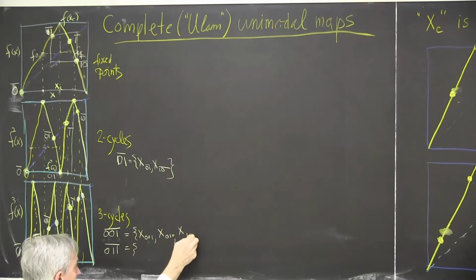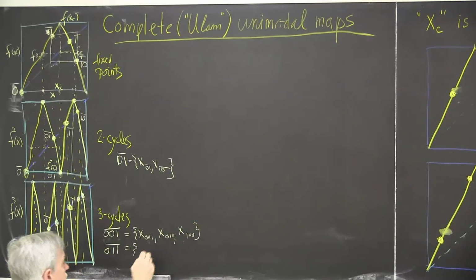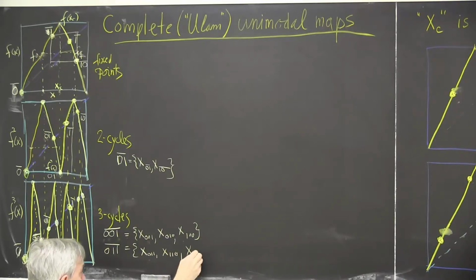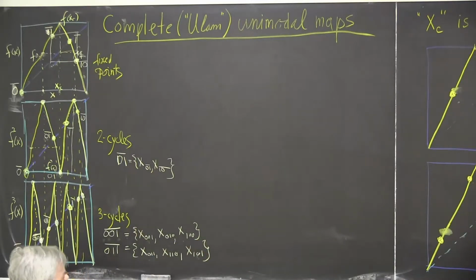And then there'll be 1, 0, 0. There'll be one of the cycles. And then there'll be 0, 1, 1. That will map into 1, 1, 0. And in one-time iteration by the shift, that becomes 1, 0, 1. So these are the 2 3-cycles.